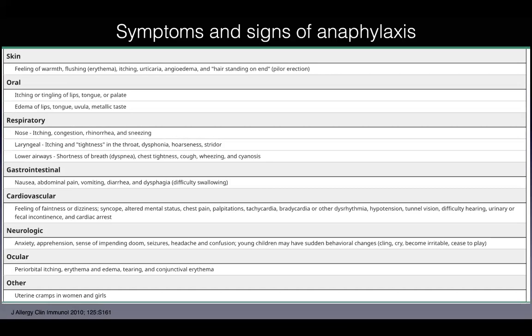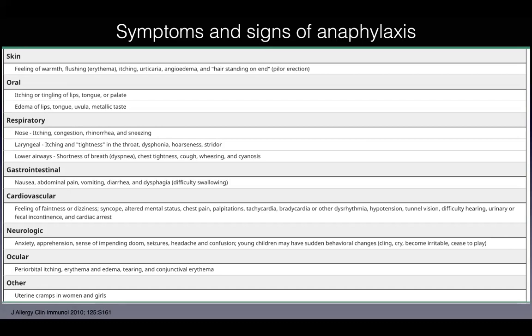Now, what are the symptoms and signs of anaphylaxis? We can see from this table that in the skin there are certain kinds of features. We are not going into detail about this table because almost all of us are aware of some of the symptoms of anaphylaxis. But just for recapitulation, we have put this slide here.